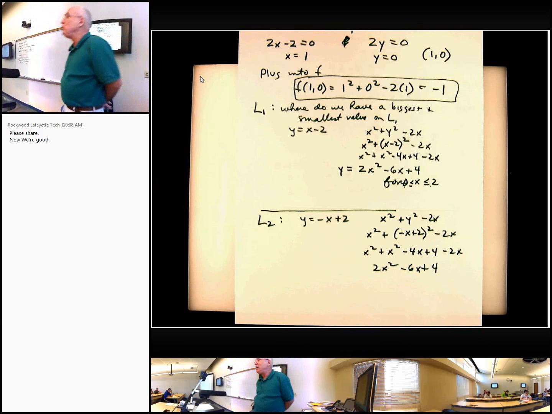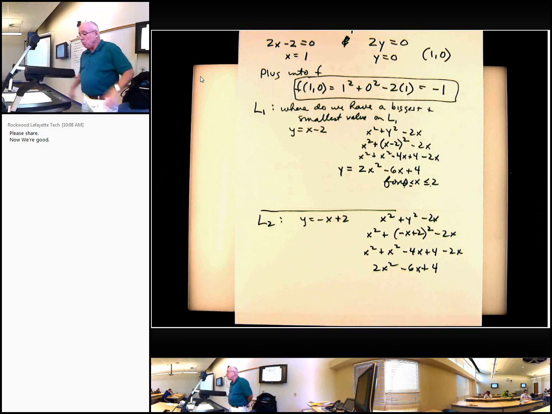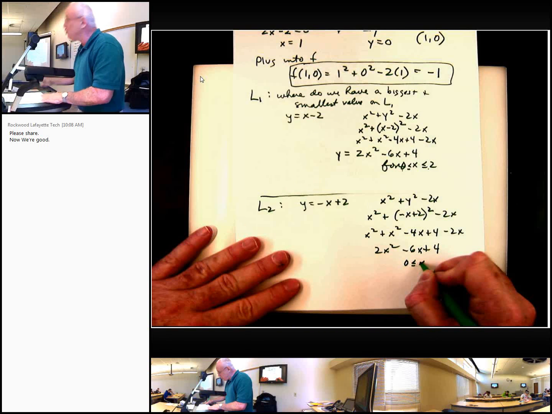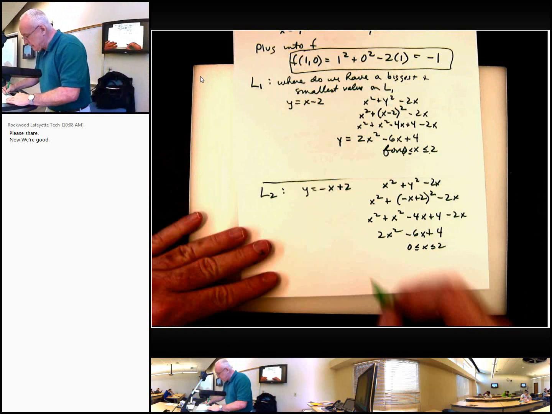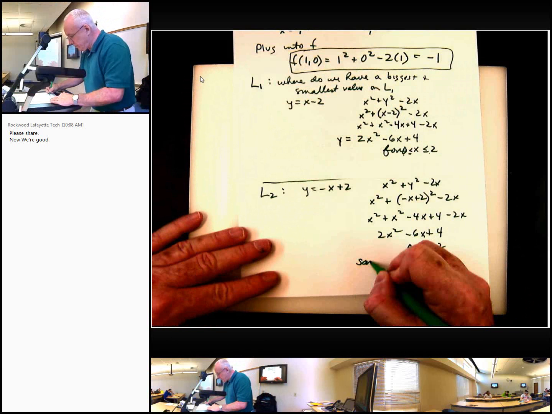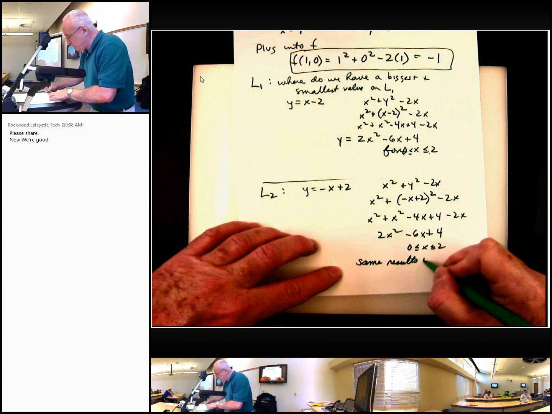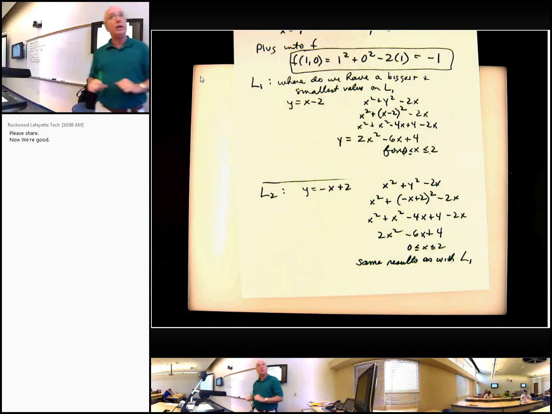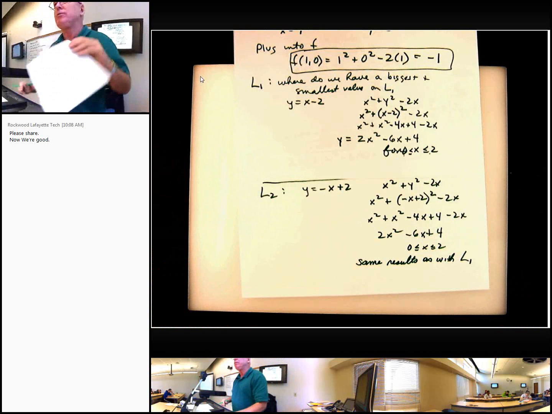I don't have to redo all the stuff that I did with the first one. We have the same values of x from 0 to 2. So I'm just going to have the same results as with L1. So that's what I'm just going to put here: same results as with L1. All right, so that was quick. It's looking better for a test now.